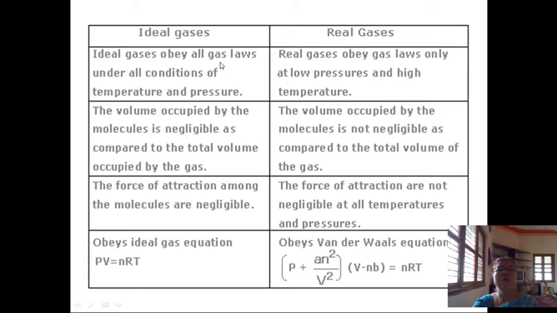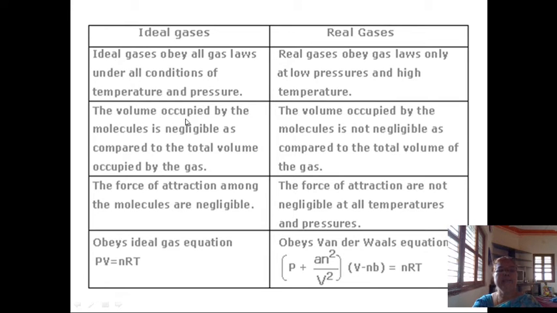Here, all gas laws means ideal gas laws, and those laws are Boyle's law, Charles' law, Avogadro's law, Graham's law, etc. Real gases, or non-ideal gases, do not obey the ideal gas laws; they obey gas laws only at low pressure and high temperature.